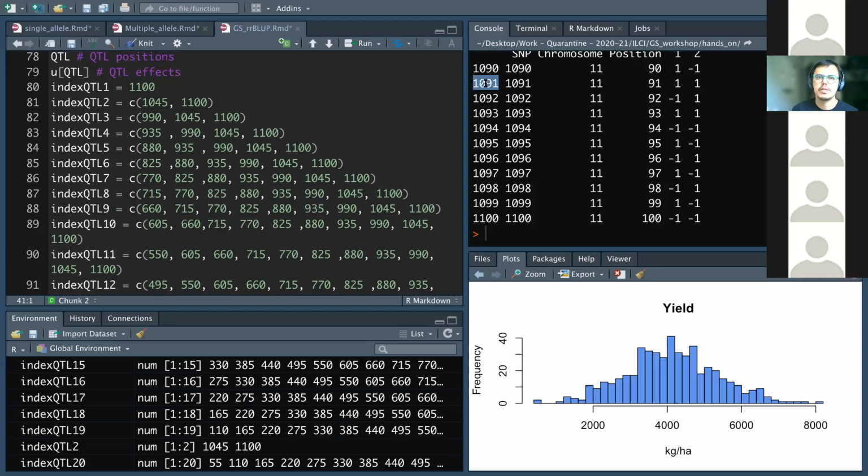I don't have to specify, for example, a QTL in chromosome 11 position 91, which is more difficult to specify in the code. It's easier to set that you want to fix the marker in row 1091.